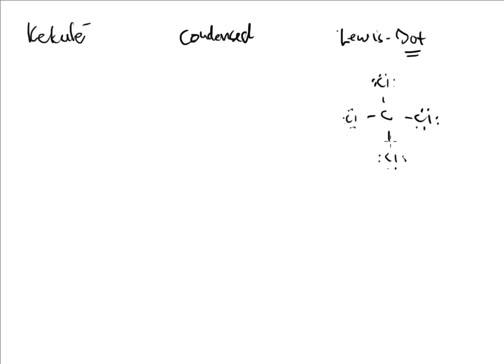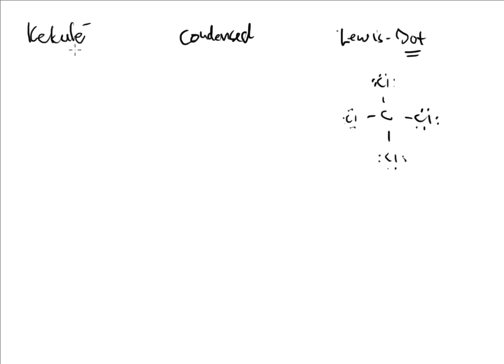Who wants to take the time to draw all of the dots one by one when there's 24 of them in this case, just to convey the proper structure of carbon tetrachloride?